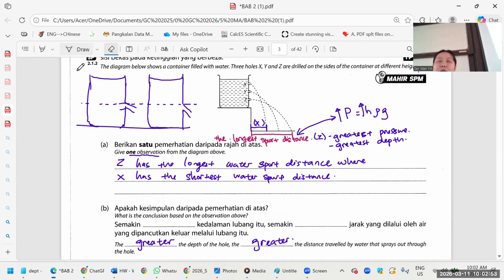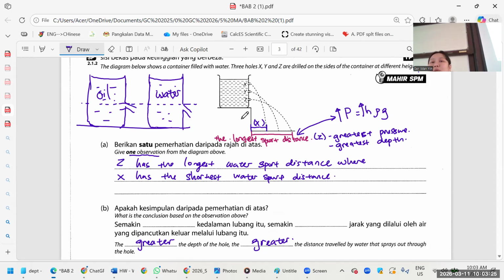Okay, like now I have two containers. Draw. Right, draw. This is oil. This is water. Which one will have the longer water spurt?